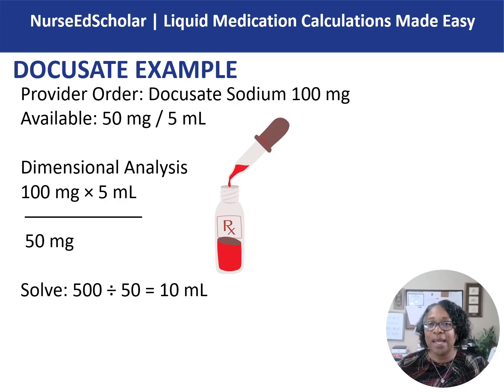You set it up the same way. What's ordered is at the top, which was 100. What's available is 50 per 5 milliliters. So you divide that 100 by the 50, it gives you 2, and then 2 times the milliliters based on that dose available, which is 5, and 2 times 5 is 10. So you'll be giving your patient 10 milliliters.